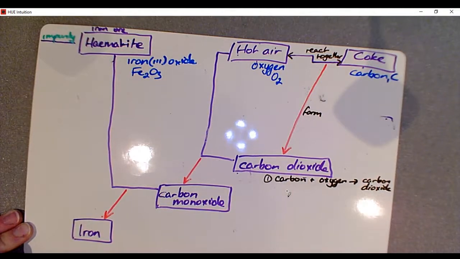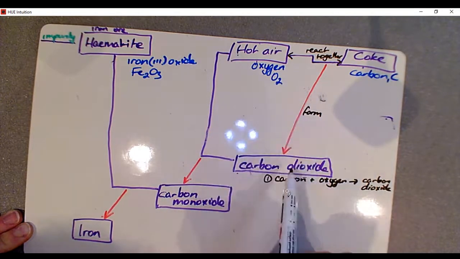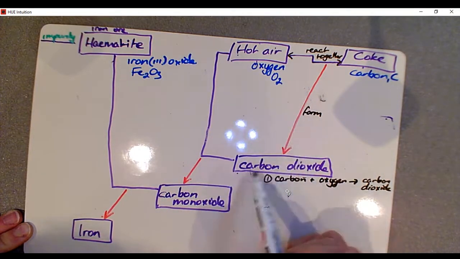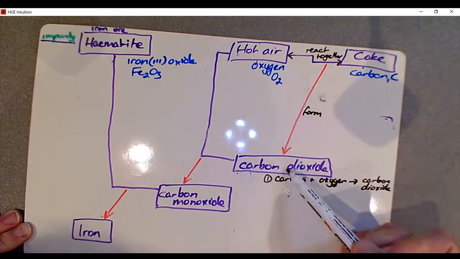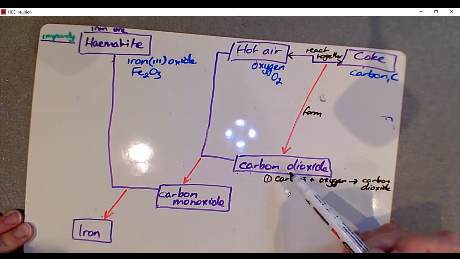Right, and then the second reaction that happens. What next happens? Actually, more coke and carbon dioxide combine. So should we have hot air and carbon dioxide at all?